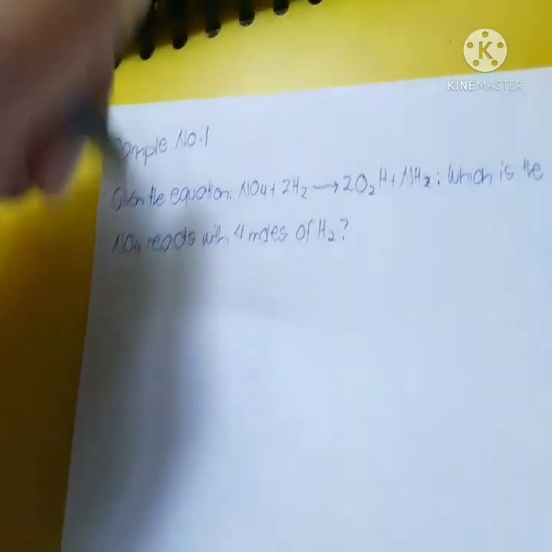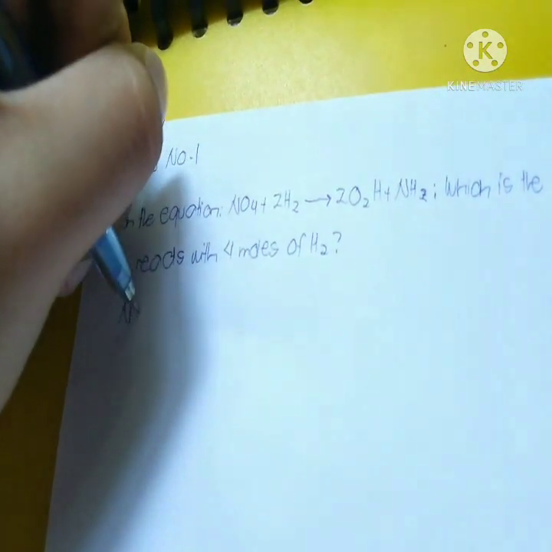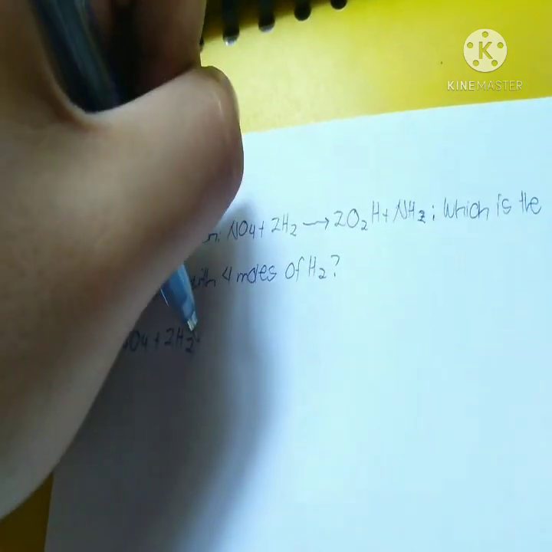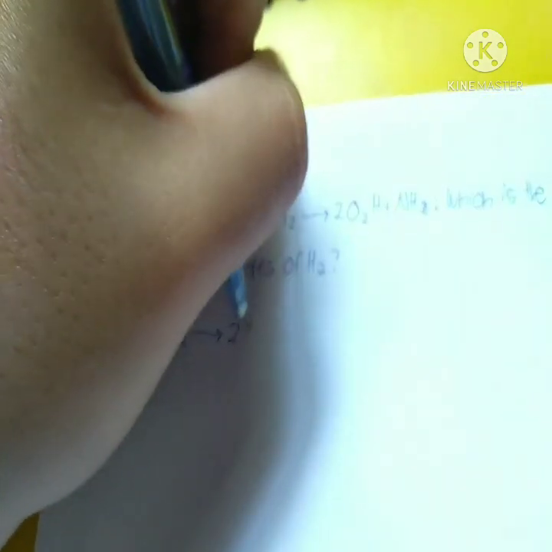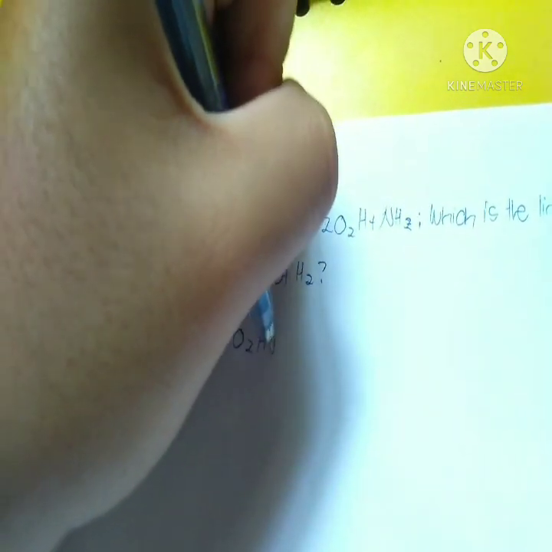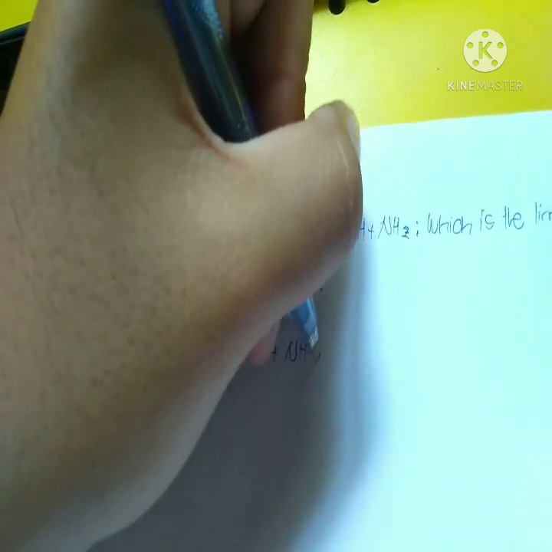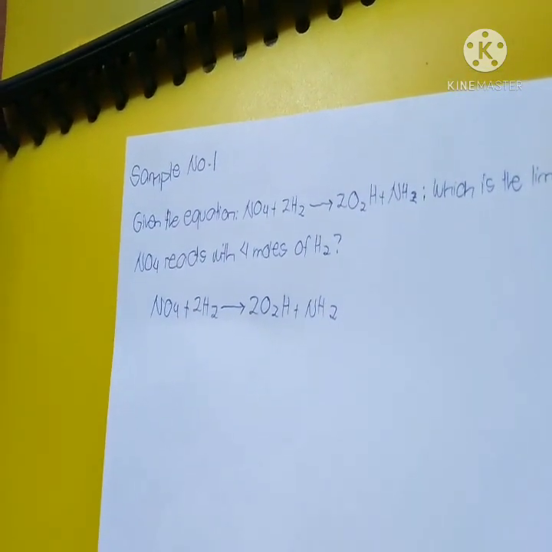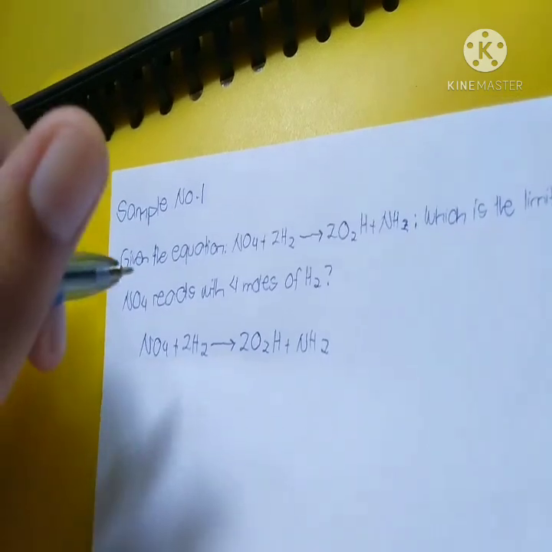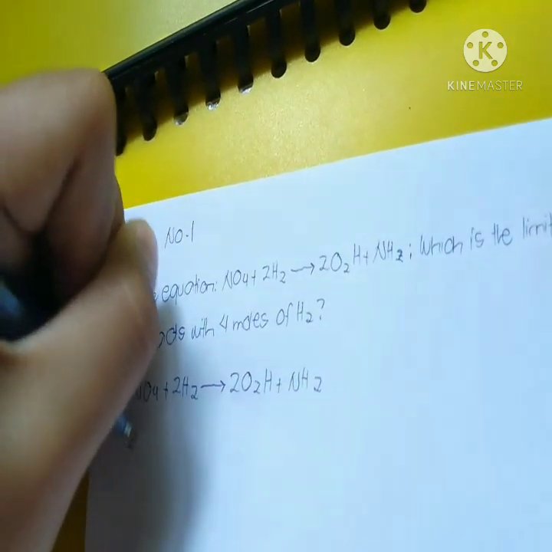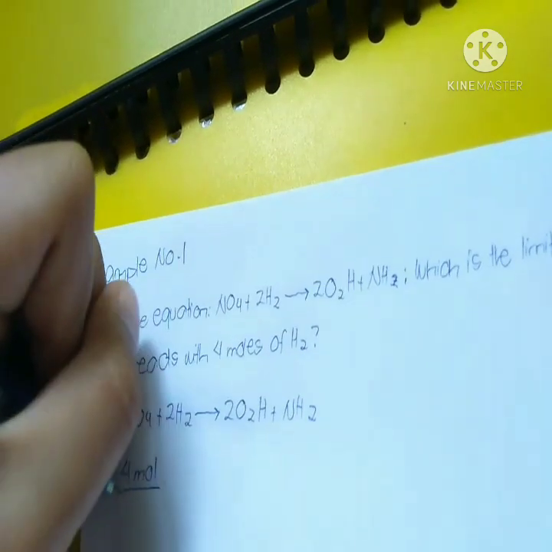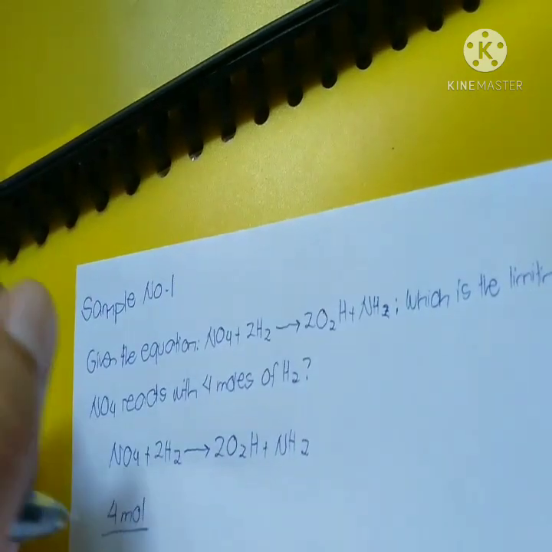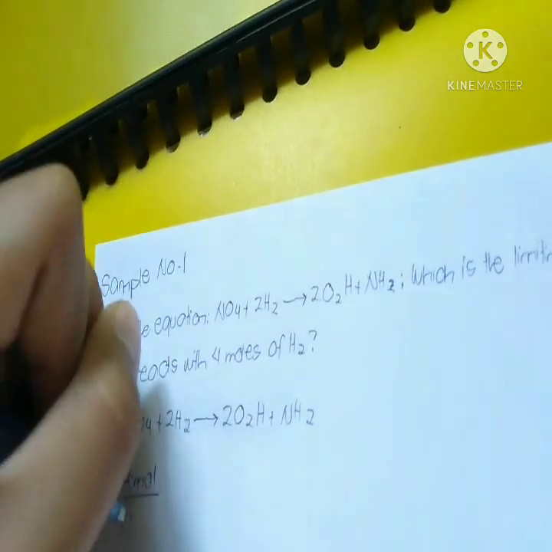To solve this problem, we have to write the equation. In this equation, there are 4 moles of N2O4. There is no coefficient, so we put 1 mole in here.